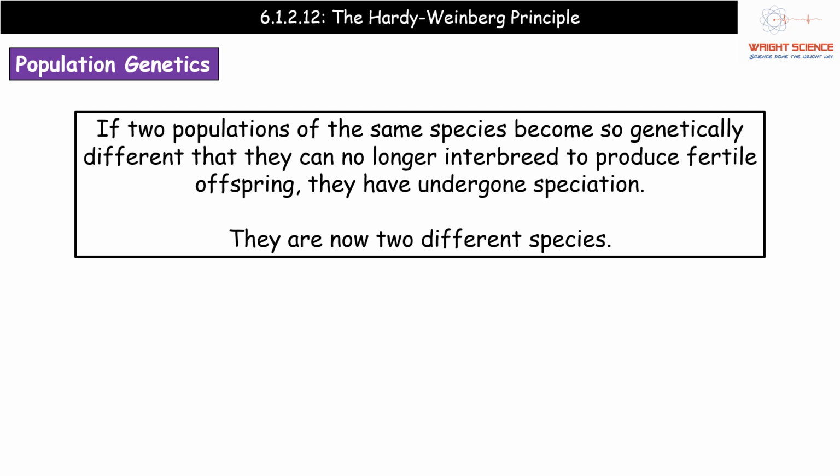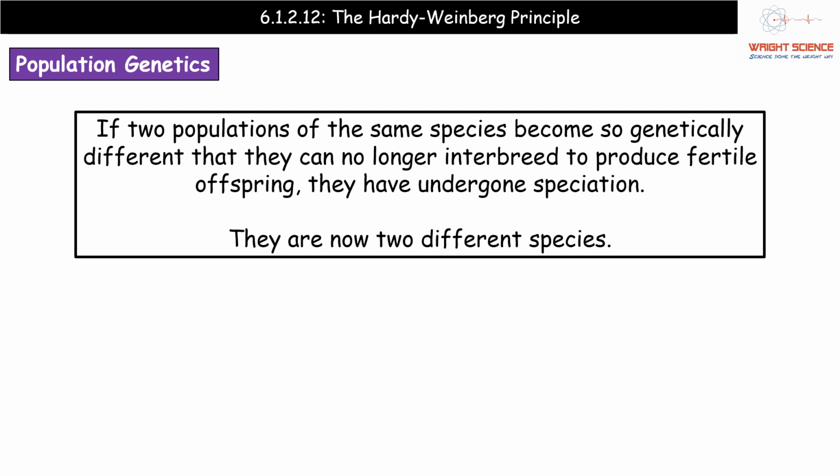Now, it is worth dropping back into some of the work that we did back in Module 4, where we had a look at the definition of a species. Hopefully we remember that if we have two organisms that cannot interbreed and produce fertile offspring, then we have to define them as two individual species.